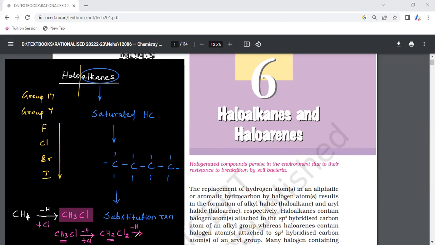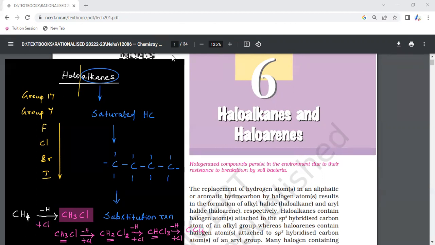In this, one hydrogen is displaced by another chlorine. You will be getting CHCl3, trichloromethane. And trichloromethane also has one replaceable hydrogen atom. That one hydrogen also is replaced by one halo atom, that is a chlorine atom, to give tetrachloromethane.